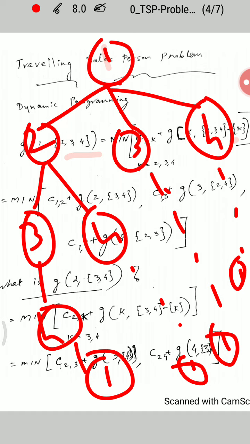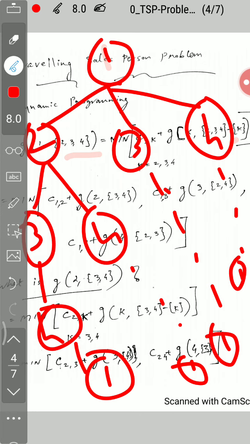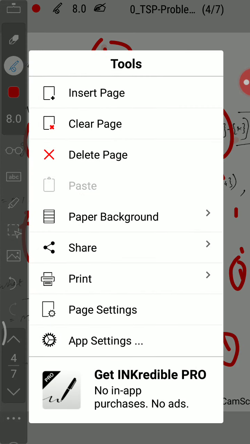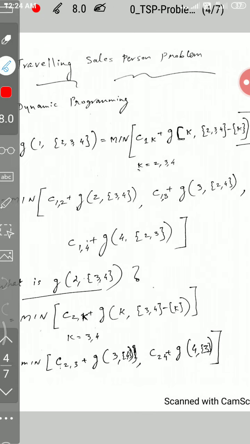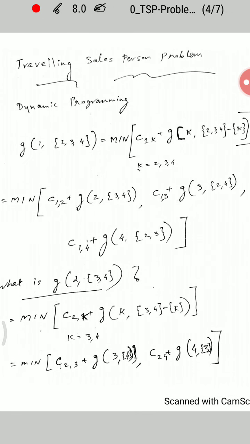You have to find the minimum tour, that is, starting from vertex 1, visiting all the vertices and coming back to the same vertex. You can see this function is recursive in nature. The function g is recursive in nature.